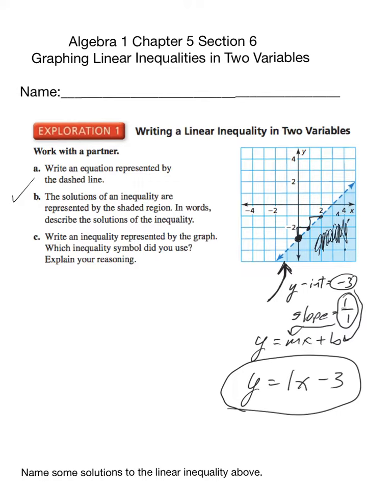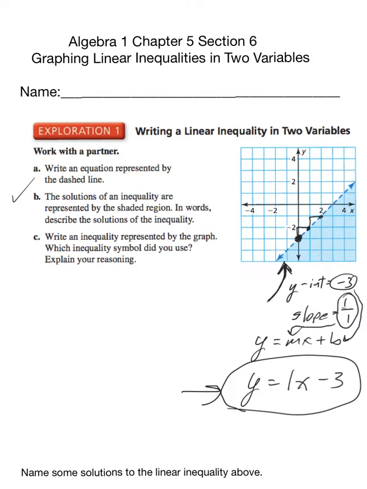So let's go ahead and take a look at what that might mean. So here's the shaded region, and let's see if we can locate one point inside this region. Before I do that, I want to rewrite this linear equation to represent what I'm seeing in the shaded region. Anytime we deal with a region below a line, we're going to call that less than.